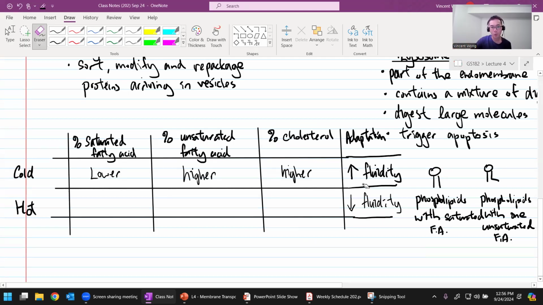So the adaptation is lower fluidity, and to achieve that, you would have less cholesterol, less unsaturated fat, and more of this stuff, the saturated. Okay, this is important. You should understand this for quiz number 2.